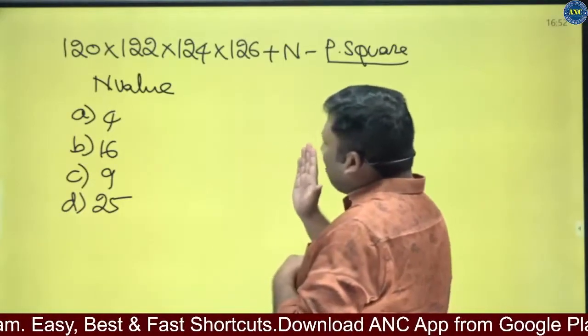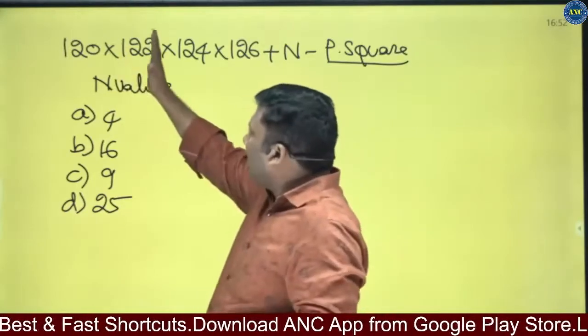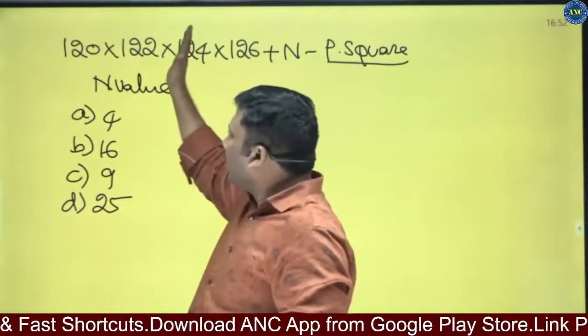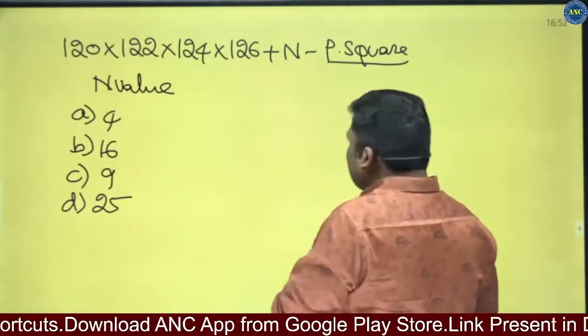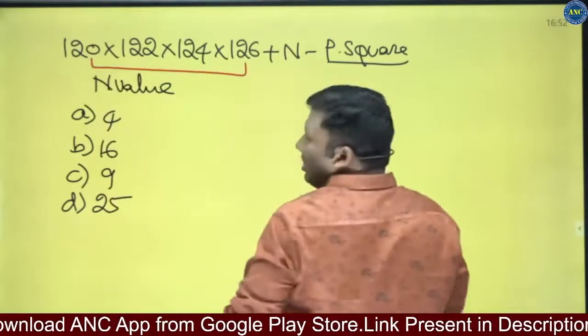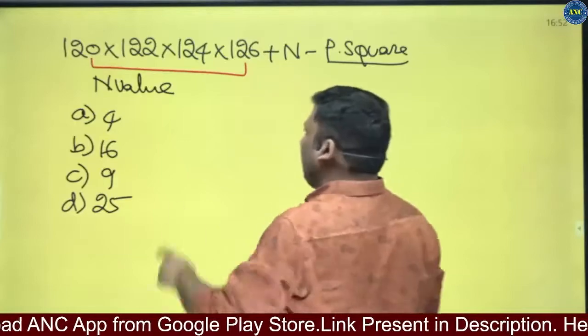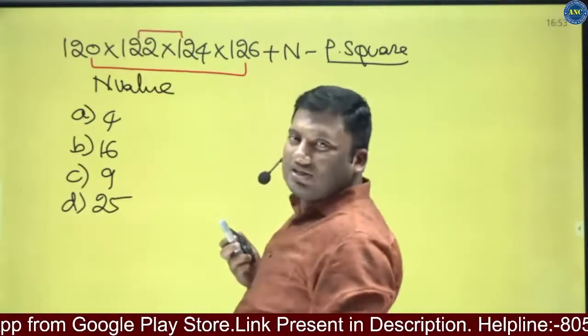120, 122, 124, 126. These numbers are in arithmetic progression. So the average can be defined as first term plus last term by 2. It is also equivalent to second term plus second last term by 2.